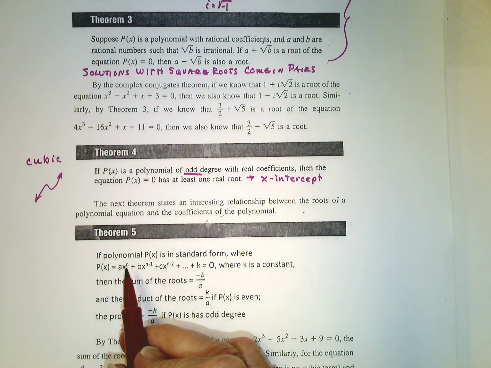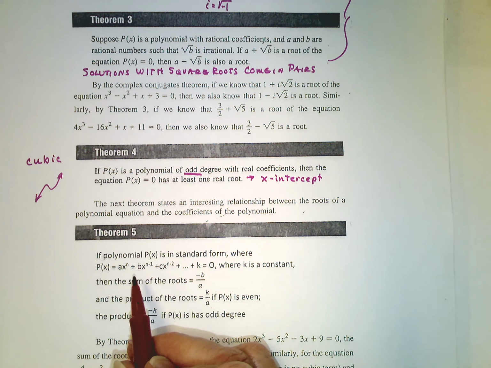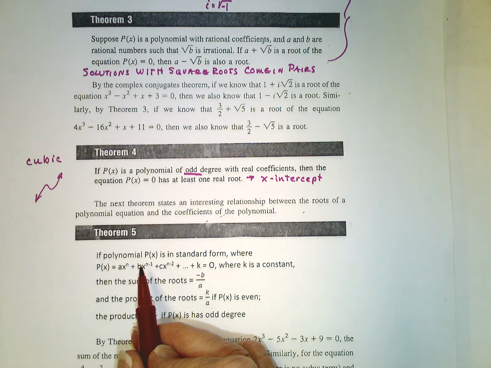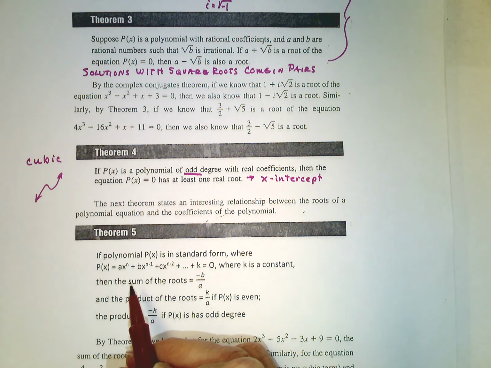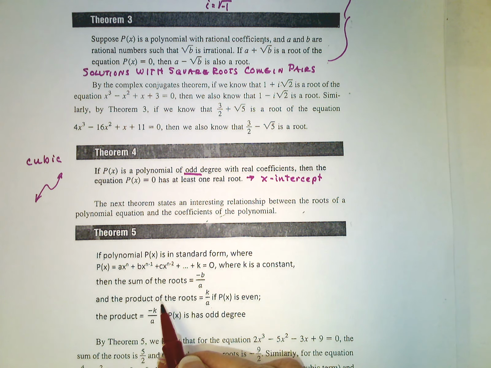So if this was a fifth degree equation, it would have 5 roots. When you add up all 5 of those roots, it's going to come out to be the opposite of b divided by a every single time. We can also find the product of the roots.